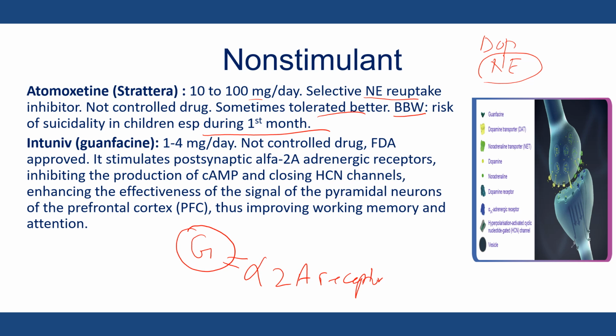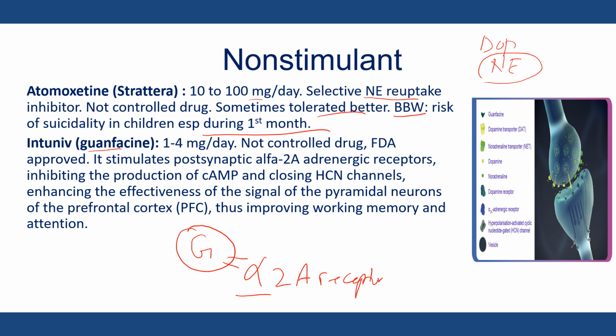So in other words, they're going to increase norepinephrine, and more specifically in the prefrontal cortex. That's where you will regulate the symptoms of hyperactivity, inattention, and impulsiveness. And that's a good thing. That's what you want. So that tells you that guanfacine is relatively more selective than clonidine.